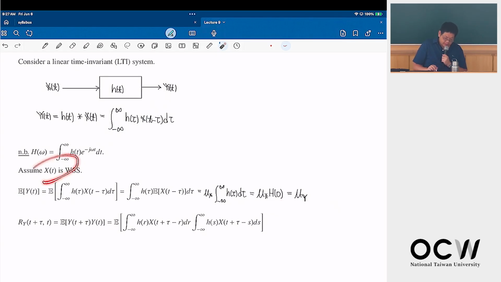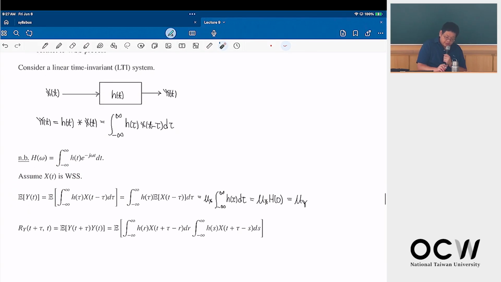X is wide-sense stationary. It looks like we can check if Y is also stationary. Now the mean is constant. Let's check the autocorrelation. If the autocorrelation is a function of the difference of time, then Y is wide-sense stationary. So let's see.